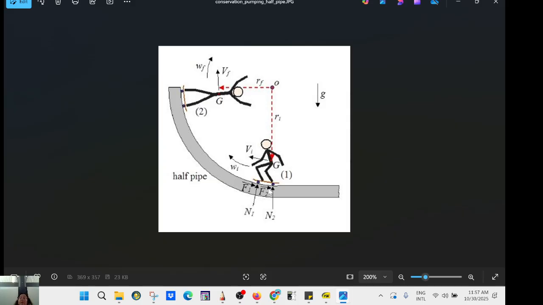So even if a system has initial kinetic energy, you can add to it. When you go down like this, you apply a force of gravity over a distance, you're adding some energy to it. Or you can remove energy if there is friction. You can remove it from the system, right?